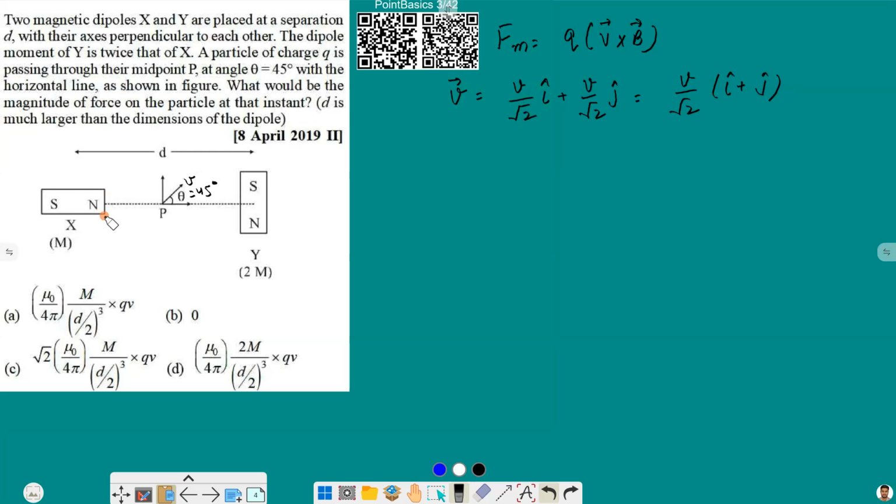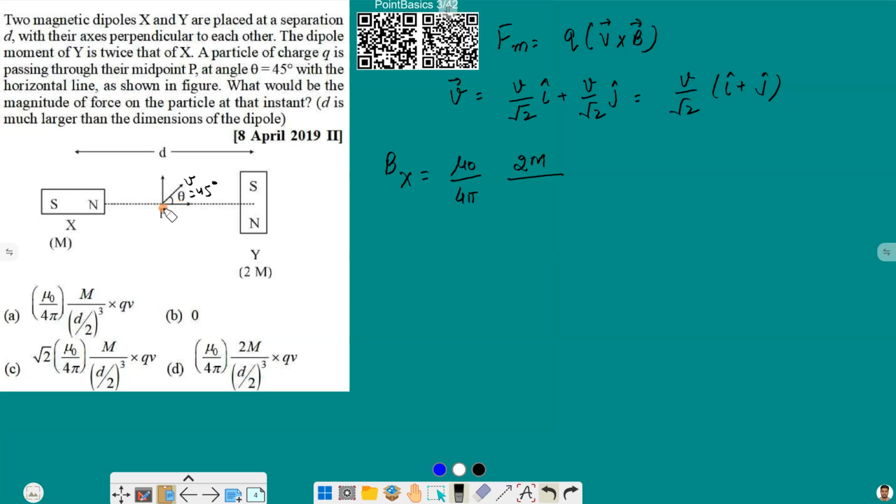Now, due to magnet X, as we know that outside the magnet the field goes from north to south, the direction will be in the positive x direction. The value of the magnetic field due to magnet X will be mu naught by 4 pi times, as this point is an axial point for the magnet, and the axial magnetic field is twice that of the equatorial, so twice m divided by the cube of the distance.